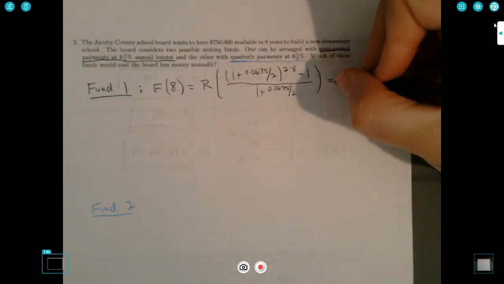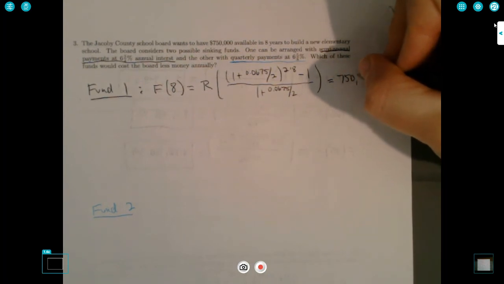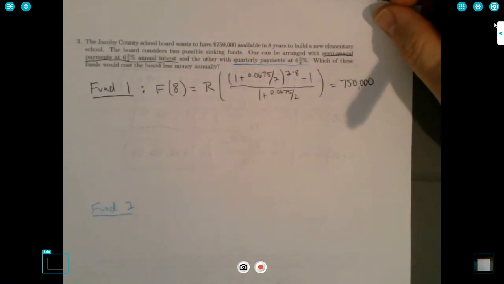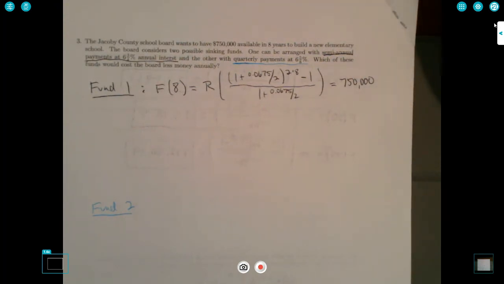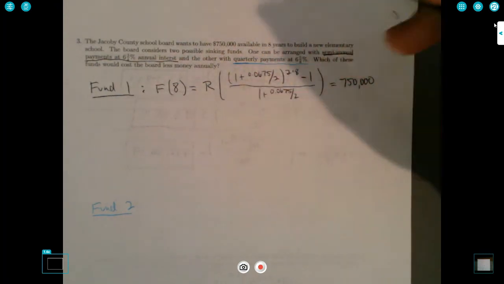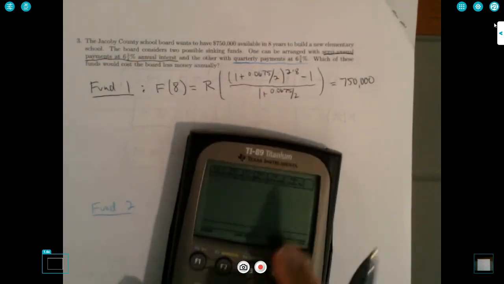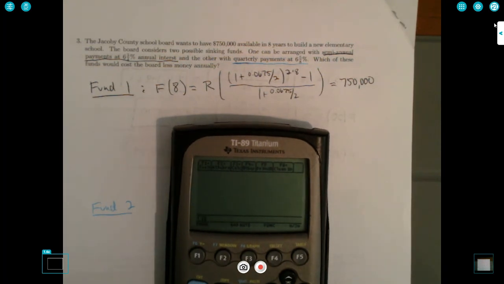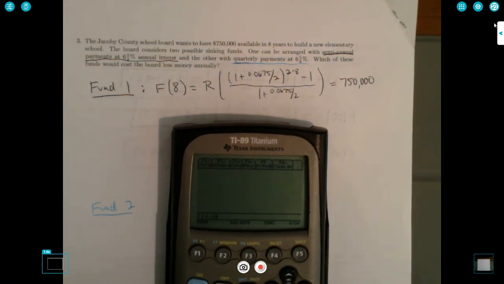And they need that to equal $750,000. So let's see. I'm going to punch this stuff into my calculator. I'm going to do 1 plus 0.0675 divided by 2 to the 2 times 8.